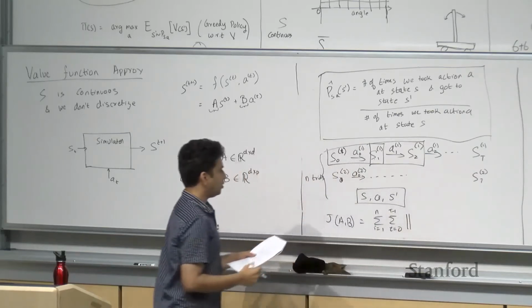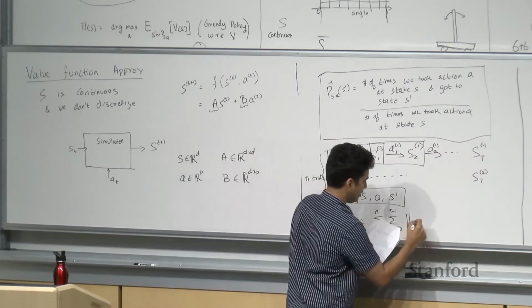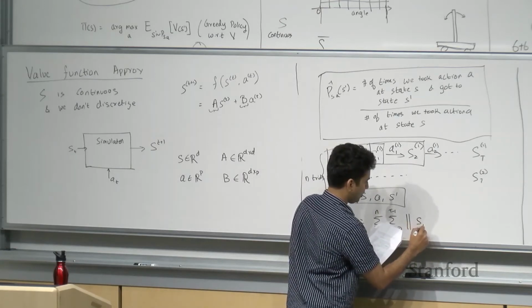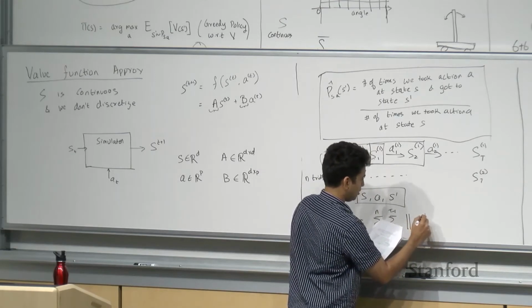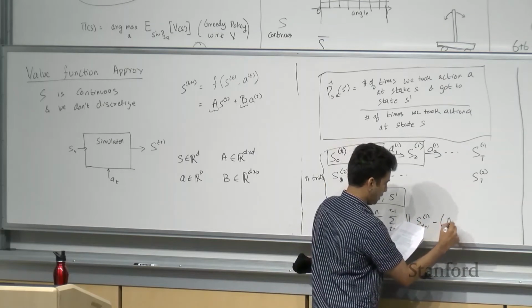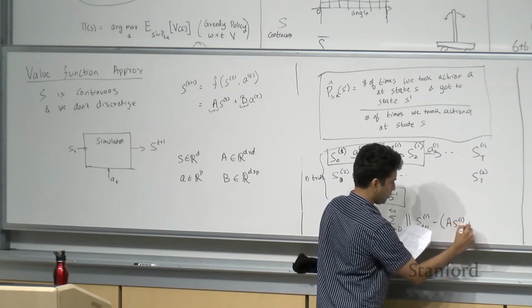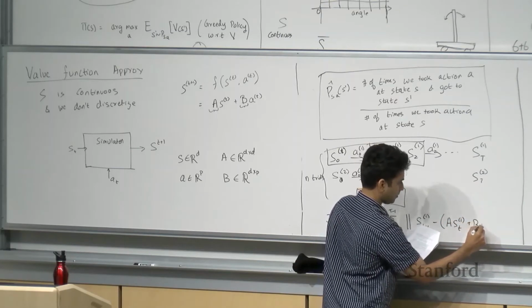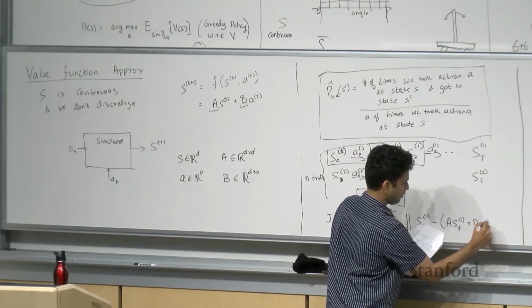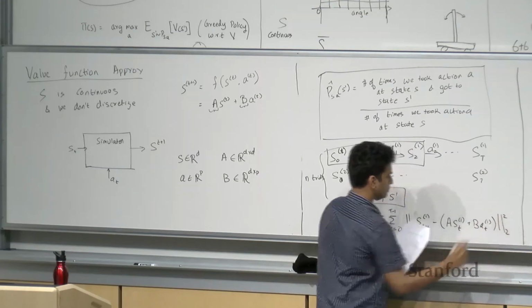What we want to do is minimize the squared error between S_{t+1}^{(i)} minus (A S_t^{(i)} plus B A_t^{(i)}).